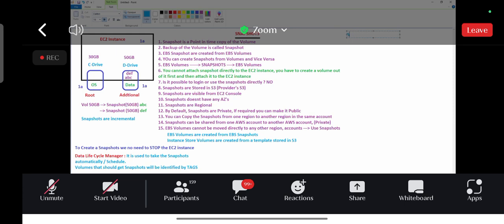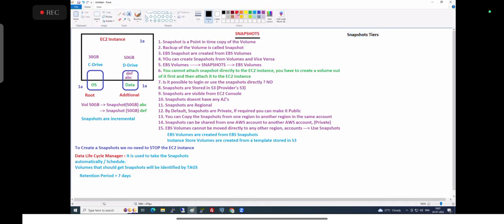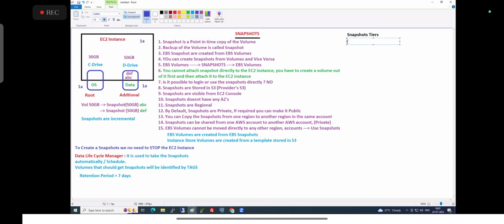So we have snapshot tiers, 2 types of snapshot tiers. One we call standard tier, and then archive tier. Standard tier, archive tier.